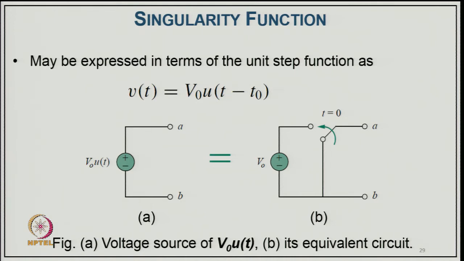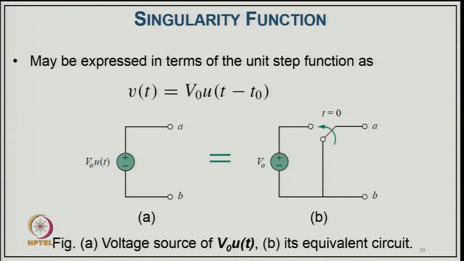If it is connected, let us say, directly to the green here, and at t equal to 0 we connect the switch here, then this circuit becomes in this manner. So, you can express it as the voltage source V0 u(t) and its equivalent circuit can be represented in this manner, like how you can define the function as we were discussing earlier.